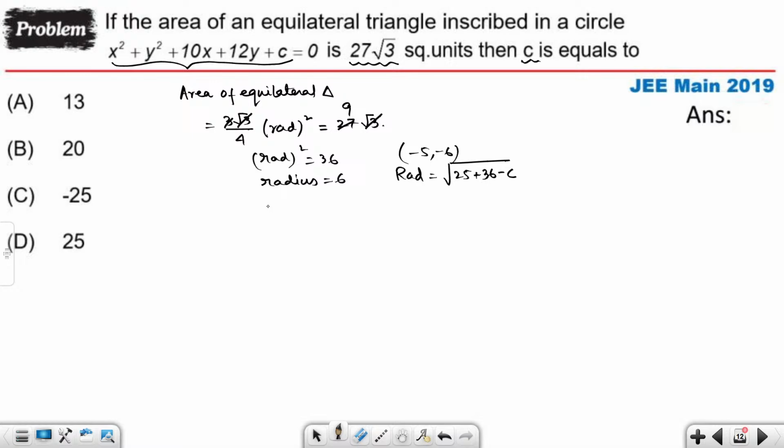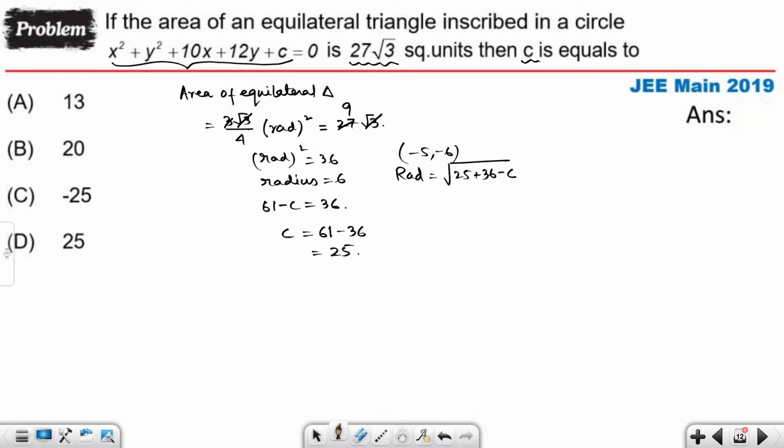So I can write 61 minus c is 36. So your c comes to 61 minus 36. That gives us 25. Right? It gives us 25.